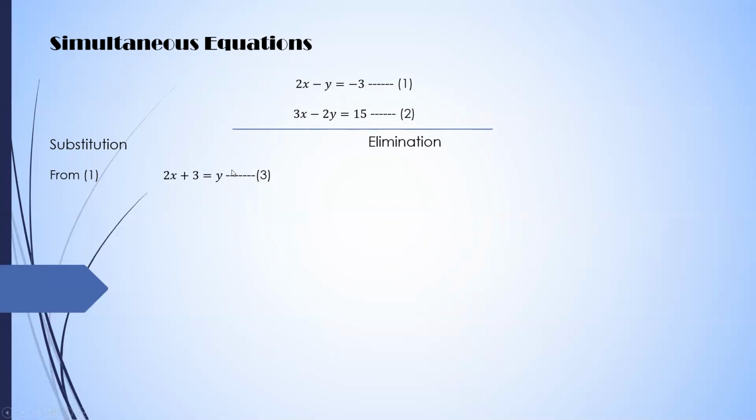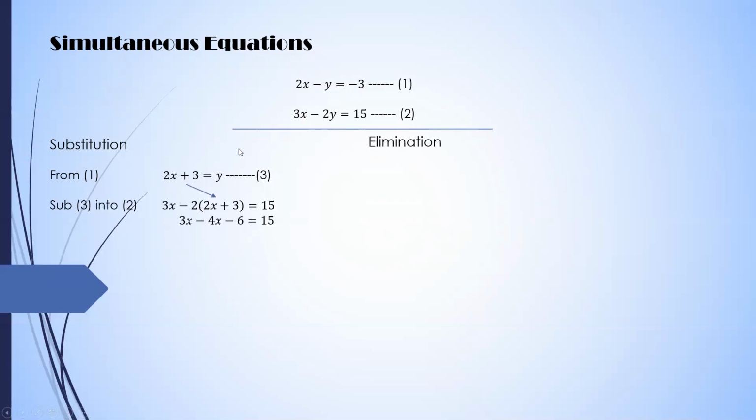So I'll move this away, it becomes positive y, and this -3 moves here, becoming +3. So you can see actually y is equivalent to 2x plus 3. Exactly, this equation 3 is exactly the same as equation 1. I just rearranged it only, all right? So once I have y equivalent to this thing, I will substitute it into the second one.